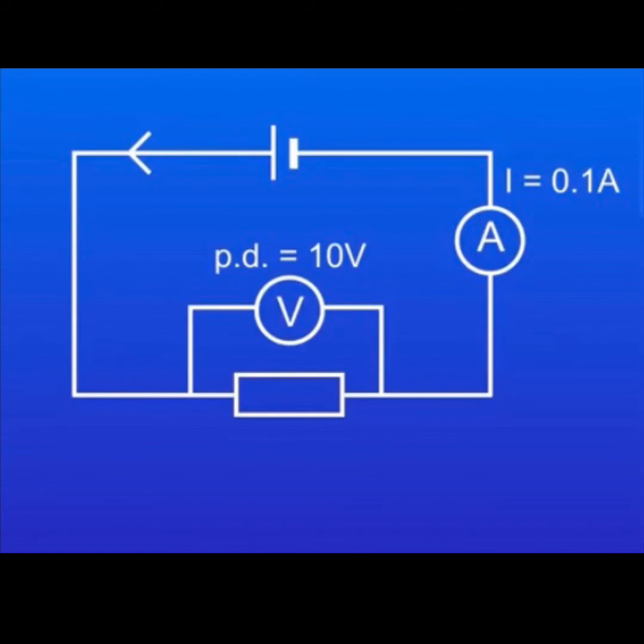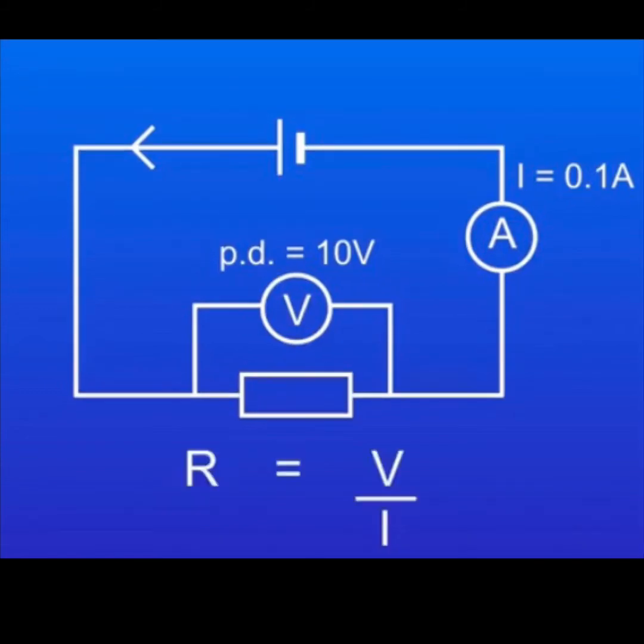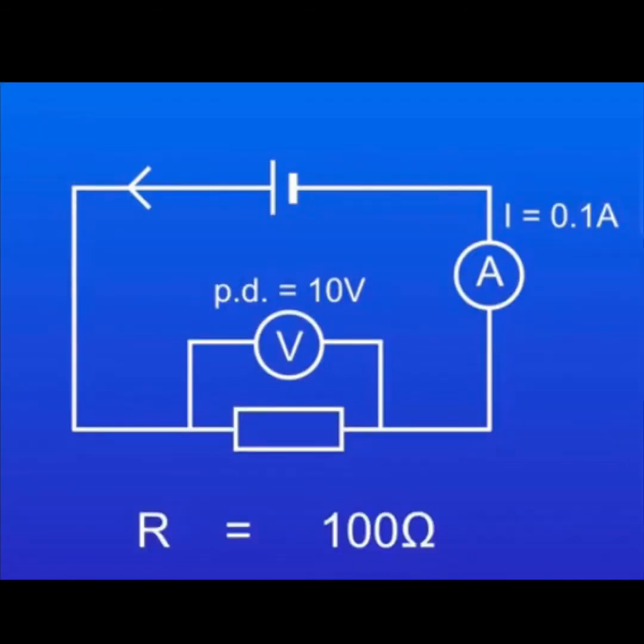We can calculate the resistance by the relation R equals V over I, V for the potential difference and I for the intensity of the current. So V equals 10 volts and I equals 0.1, so the resistor equals 100 ohm.